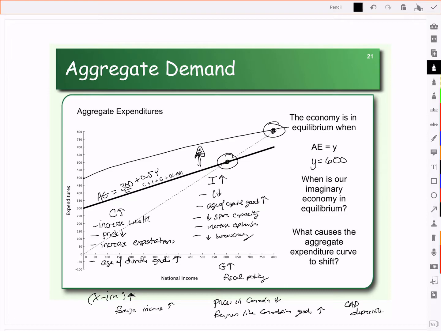If the Canadian dollar depreciates, it becomes too expensive for Canadians to buy foreign goods, so imports go down, and all that makes net exports go up. So if you change any of these that we've listed here, this will change autonomous expenditures, and we've listed what will increase autonomous aggregate expenditures, and so will increase the equilibrium size of the economy.